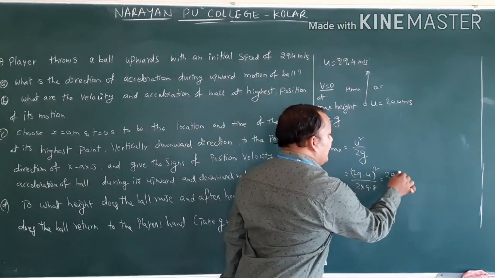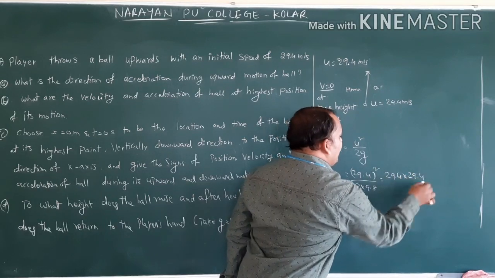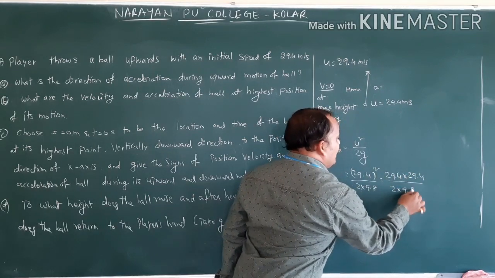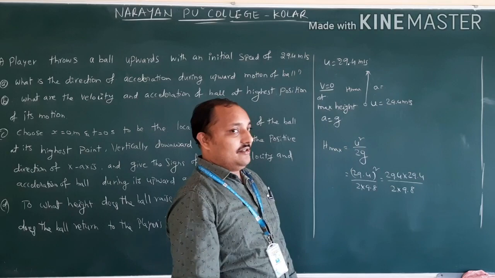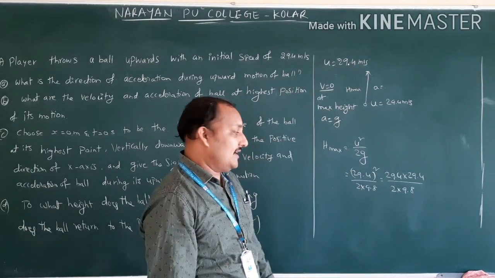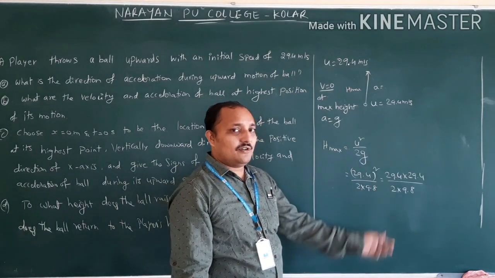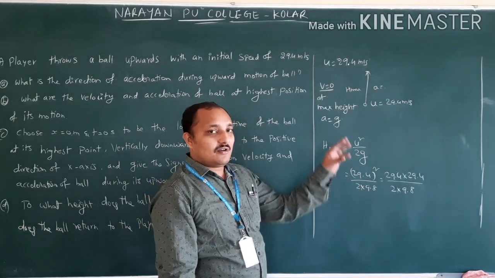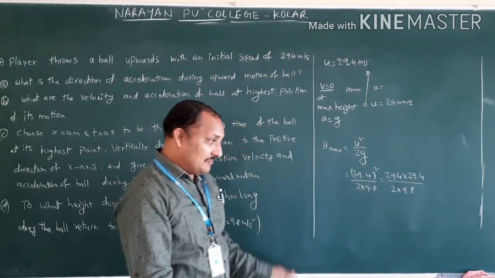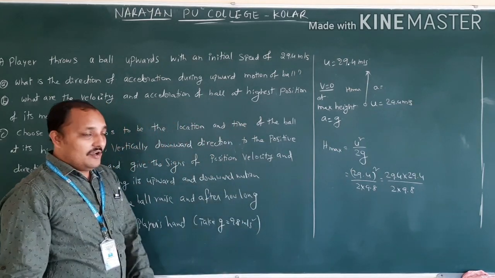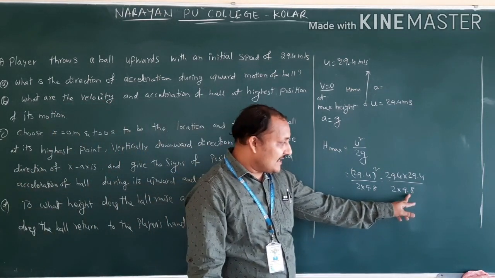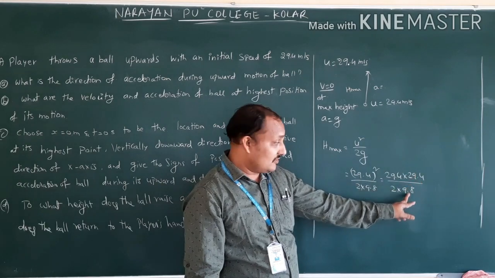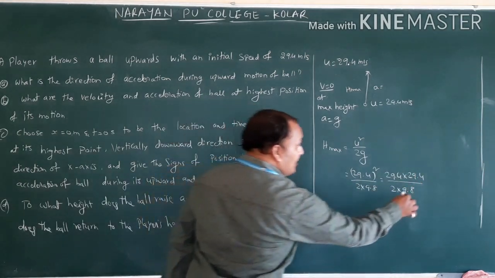Can you solve 29.4 into 29.4 by 2 into 9.8? So try to solve without a calculator, because for competitive exams they won't allow a calculator for you. For PU they will allow. But if you want to solve very well, speed means in competitive, you should try to solve. So this 9.8 will be cancelled directly. So you can try to think and write the units now.